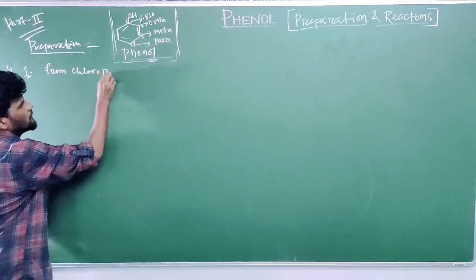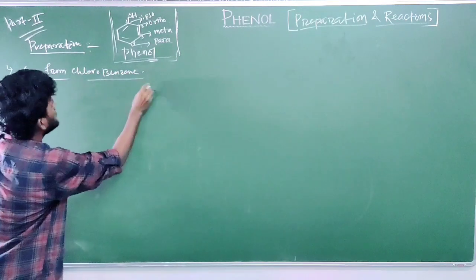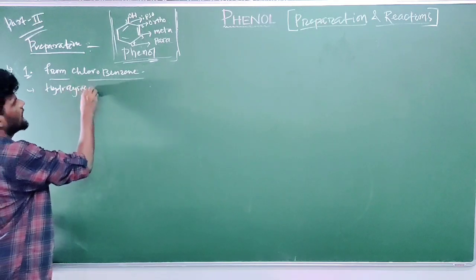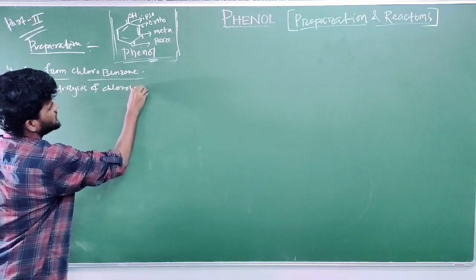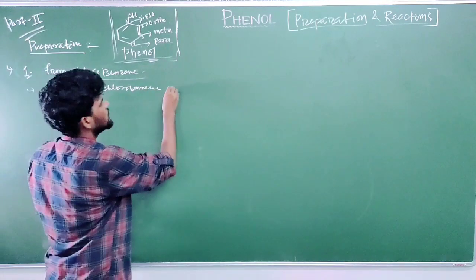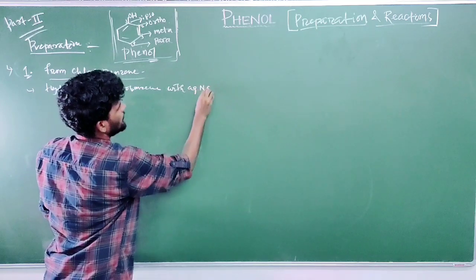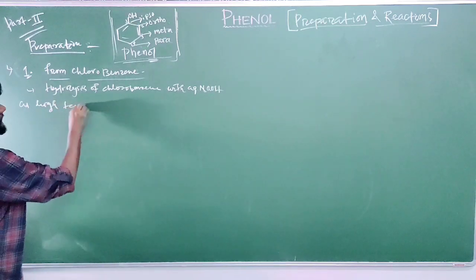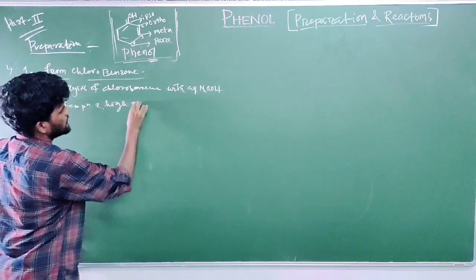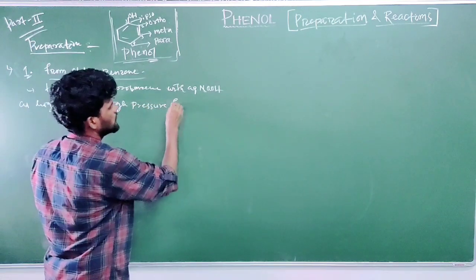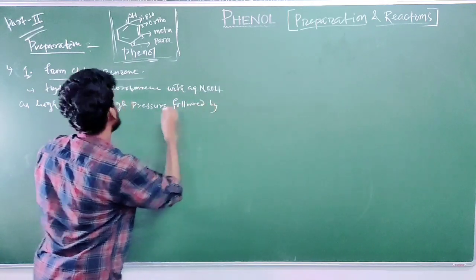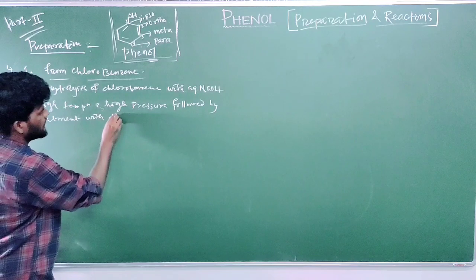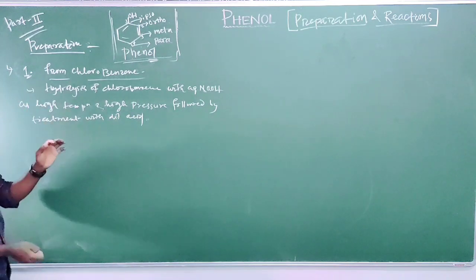Write this point: hydrolysis of chlorobenzene with aqueous sodium hydroxide, NaOH, at high temperature and high pressure, followed by treatment with dilute acid, then we can get phenol from chlorobenzene.